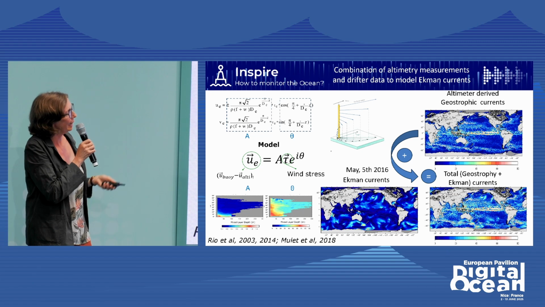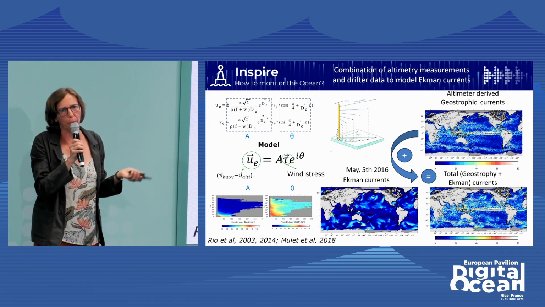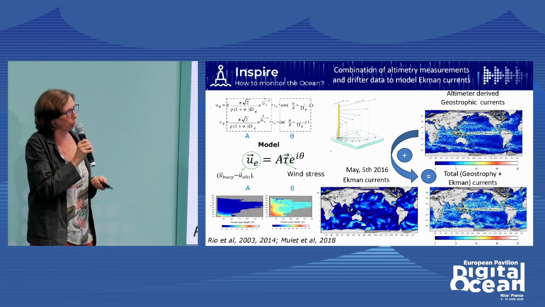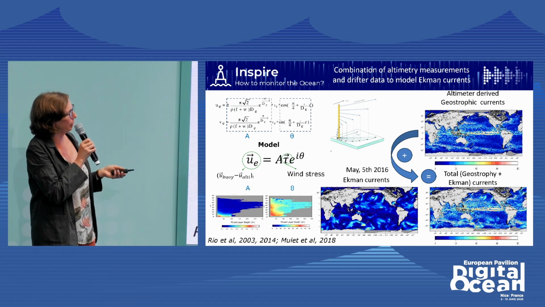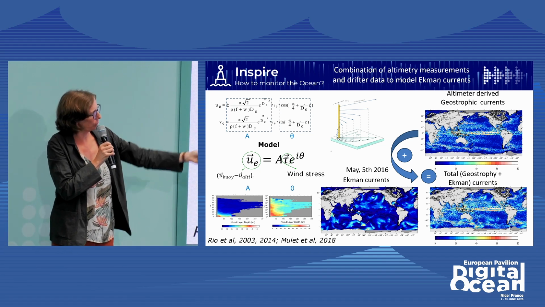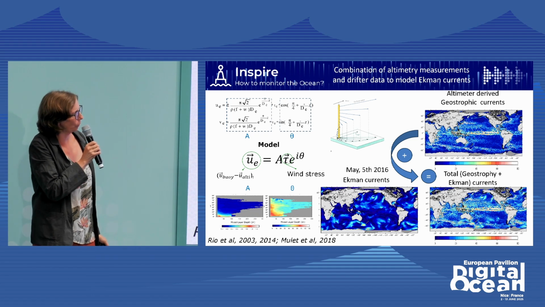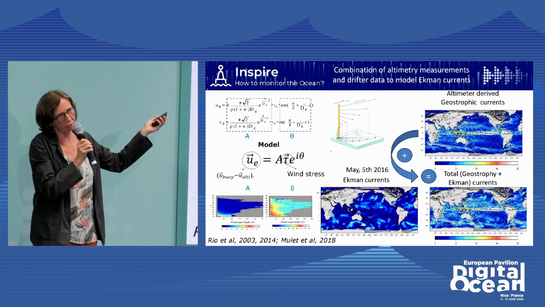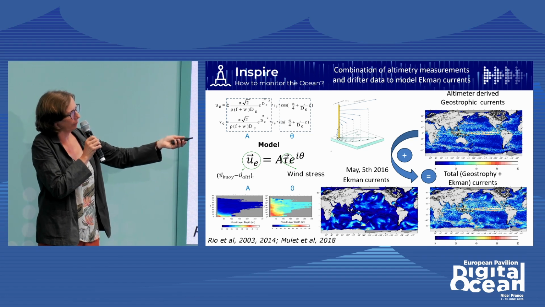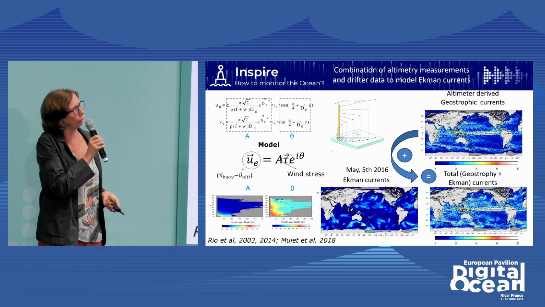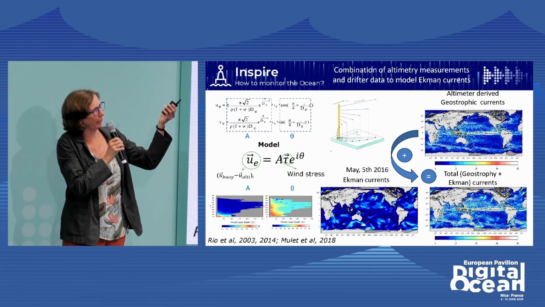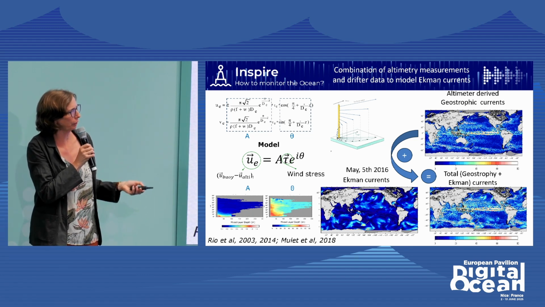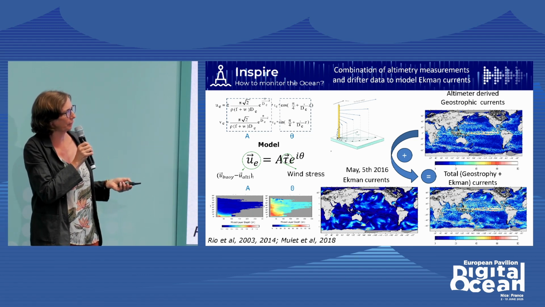And these two parameters can really be estimated by merging the information from the drifters and from the altimetry. And you can see on the bottom middle plot what we get on a given day using the wind information and this very simple model for Ekman currents, that can be added to the geostrophic currents derived from altimetry to get a more complete view of the surface current, the geostrophy plus Ekman.